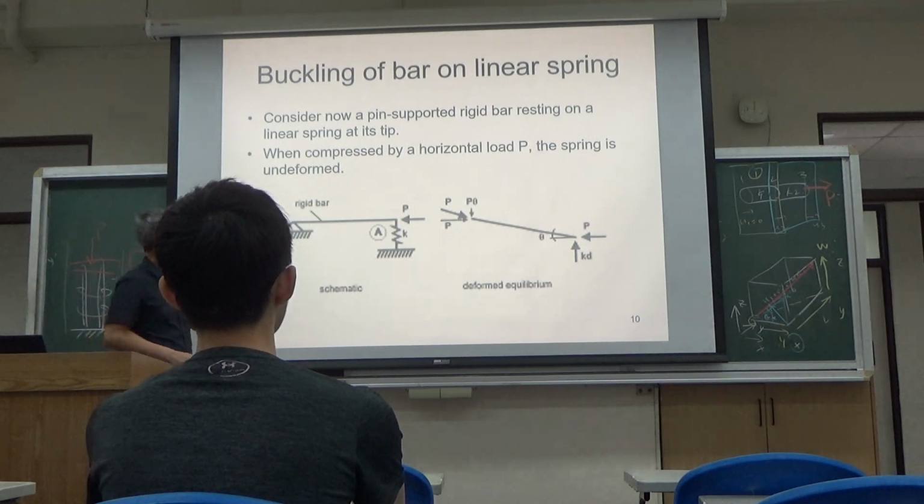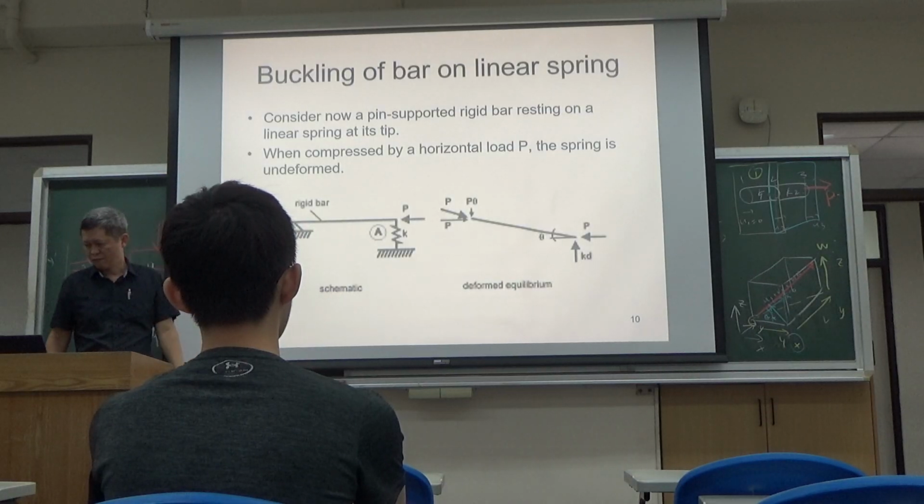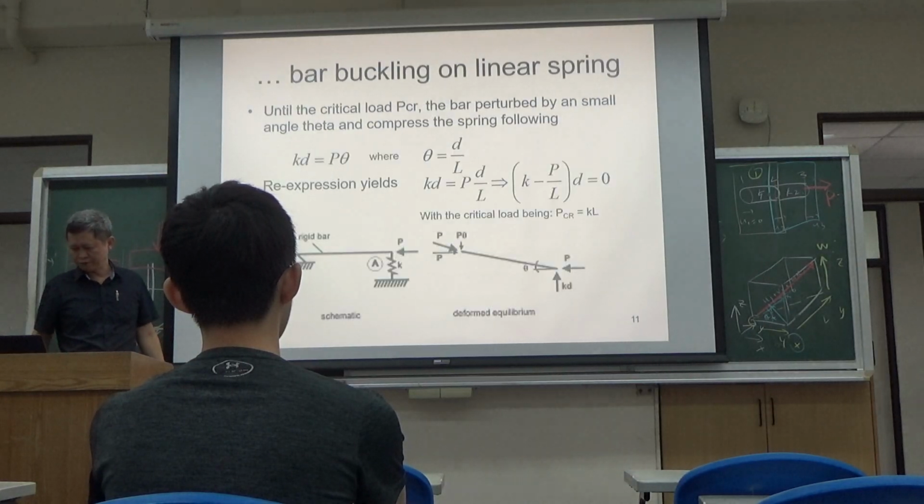And then also, if you are analyzing the buckling of the linear bar, you can see this effect. Consider now a pin support bar resting on the linear spring. When compressed by horizontal force, the spring is undeformed. In this case, there also exists a critical load that the bar will be put at.